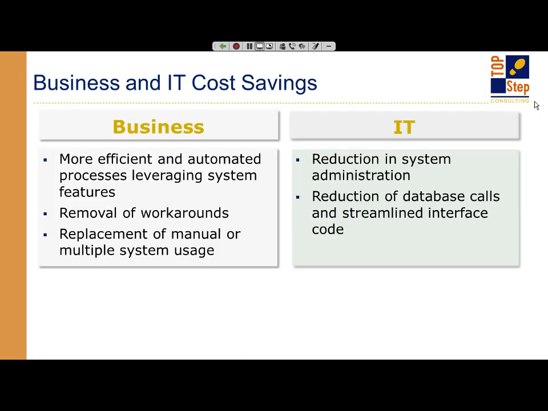So look at feature functionality that you can use to empower your user base to access the system more and take some of the burden off of those ops admin people that could be working on other things to help grow the business. And of course, as it comes to integrations, anything we can do to streamline that interface, or maybe even remove interfaces if you don't need them because you can get the data out of a single source system.